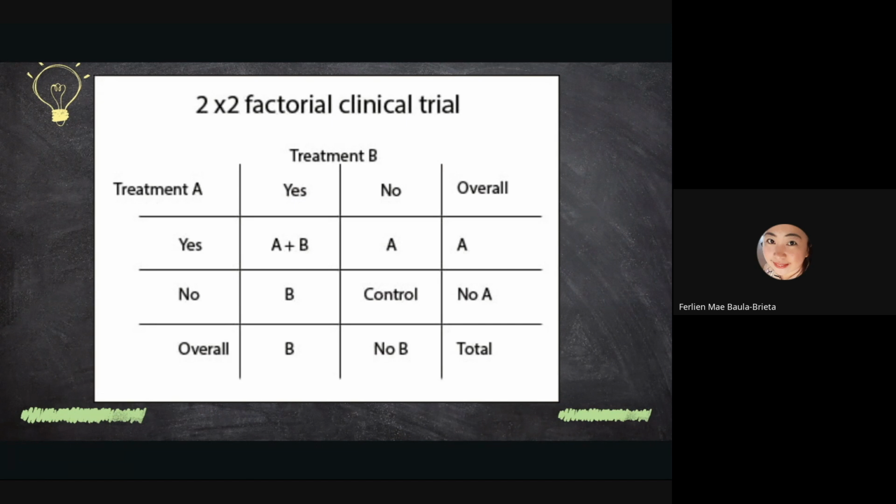Rotavirus commonly causes this nasty diarrhea among children, and causes viral gastroenteritis.